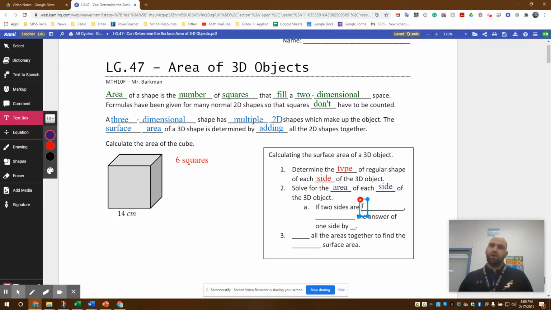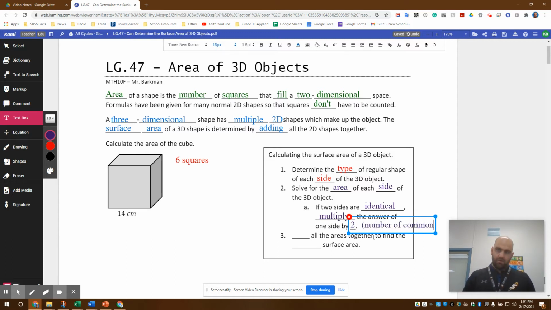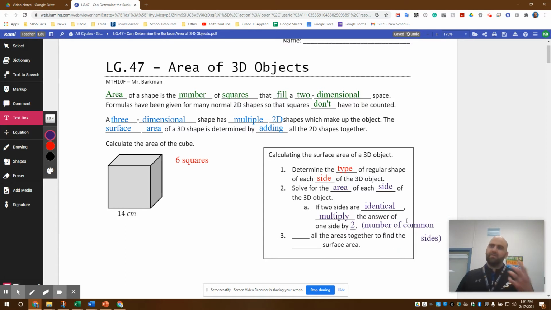Now, if 2 sides are identical, which in the case of this cube, all 6 sides are identical, we can multiply the answer of one side by the number of common sides.